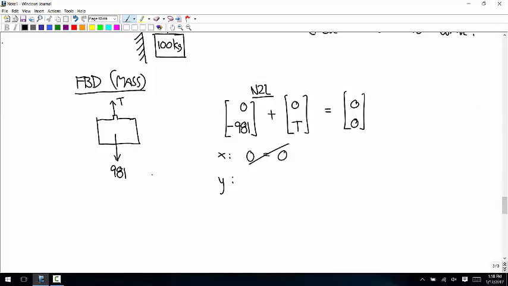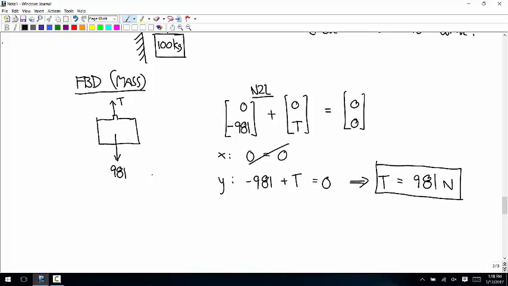But the y equation says negative 981 plus t is equal to 0, so t is equal to 981 newtons. So that's the cable tension. And all along that cable, that's the value of the tension. Any questions about that first step?